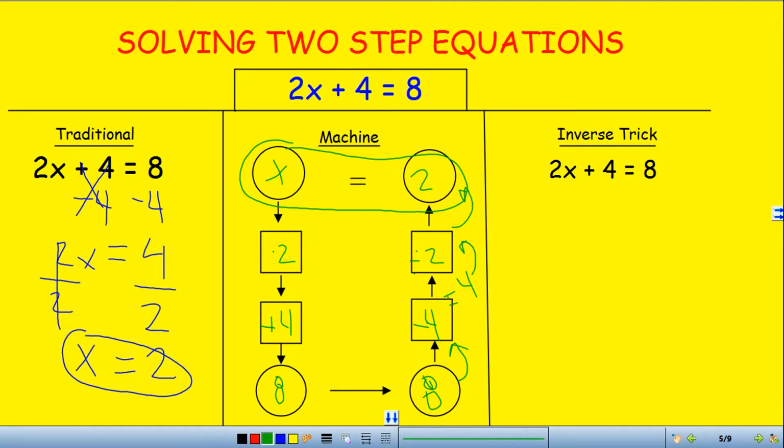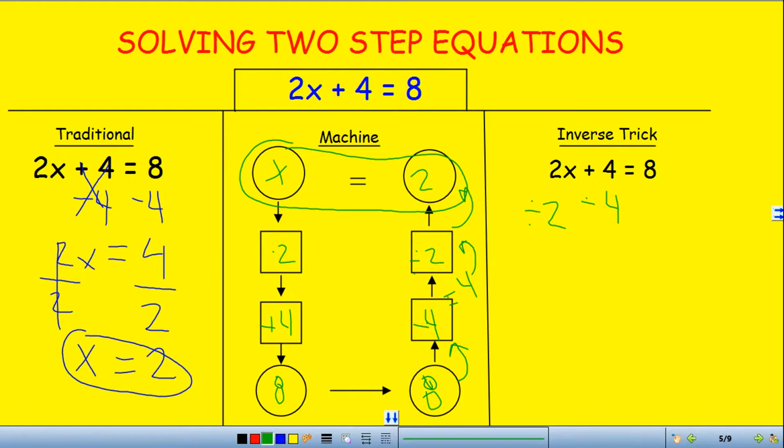The last method is my inverse trick. So I'm seeing what all is going on with my x. Well, I know if I start with my 4, I subtract it. Since that's adding 4, I'm going to subtract 4. And here, where it says x times 2, since it's multiply times 2, I'm going to divide by 2.